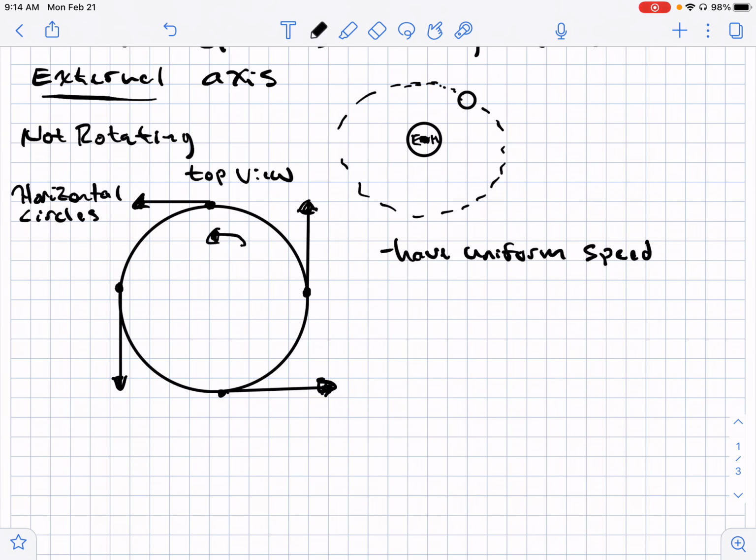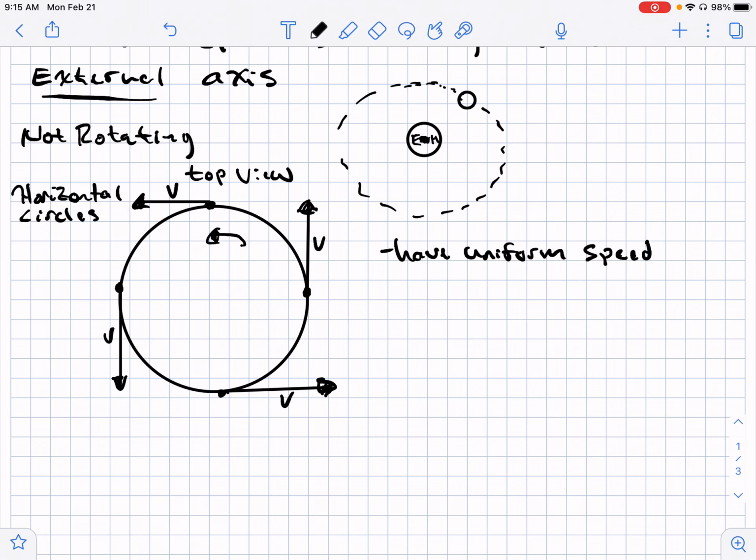The reason it does that is something we learned last semester: Newton's first law. An object that's in motion will stay in motion in a straight line unless you have some kind of unbalanced force. So these lines here are actually our velocity vectors. The velocity vector for an object moving in circular motion is a line that's tangent to your circle.